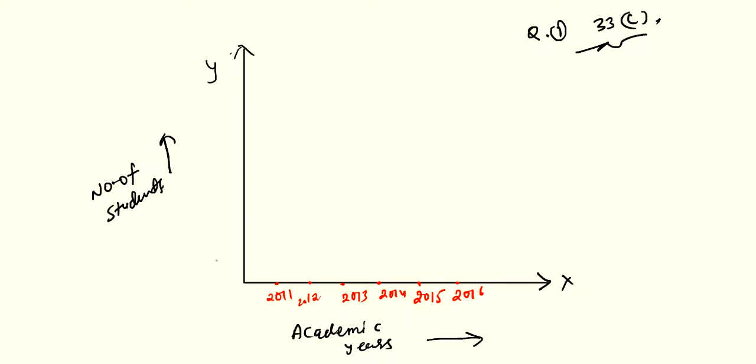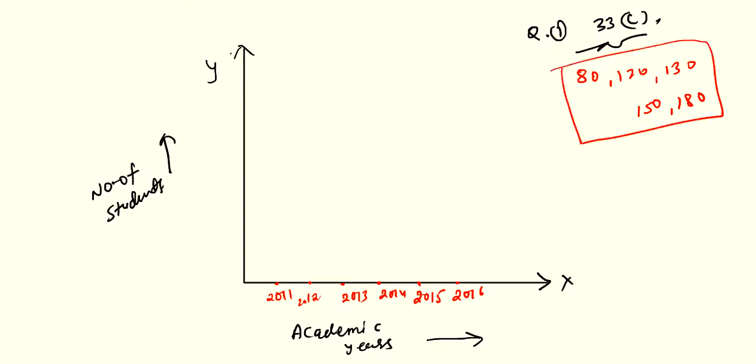Now number of students we are having 80, 120, 130, 150, 180. If we take a scale of 10, 20, 30, 40, 50, 60, 70, 80, 90, it will take extra space there.